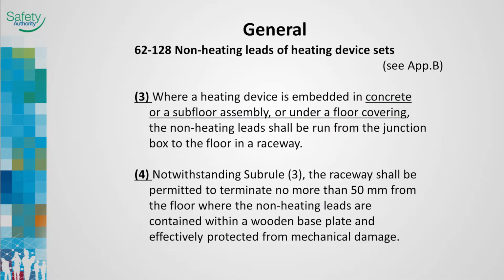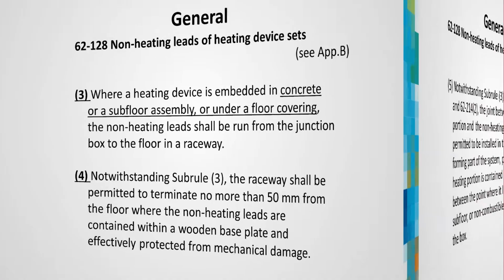Subrule 3 requires the non-heating leads to be installed in a raceway from the junction box, thermostat box to the floor. Subrule 4 permits the raceway required in Subrule 3 to stop no more than 50 millimeters from the floor, provided the non-heating leads are contained within a wooden base plate and protected from mechanical damage.